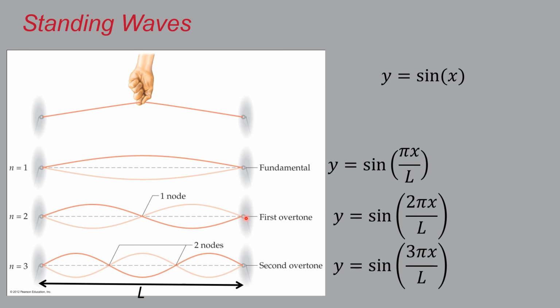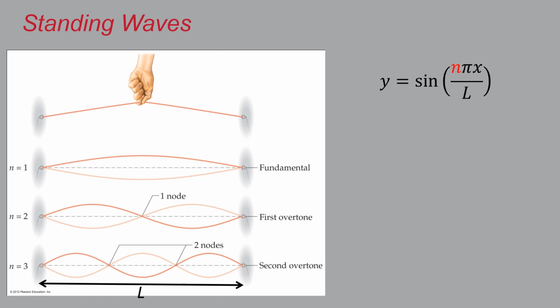Now, scientists are lazy. You will note that all of these are quite similar, so could you condense these into one expression? The answer is, sure you could. You could just say y equals sine of n pi x over L, where n is this number right here.